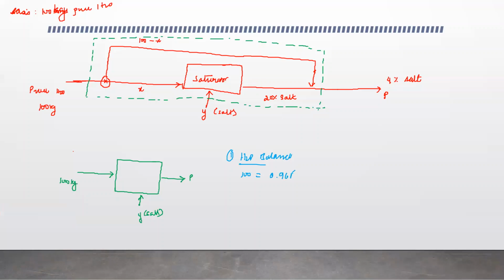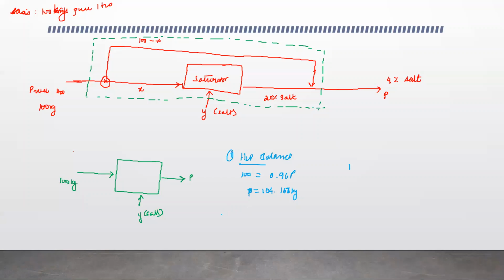So P is 100 upon 0.96, that is 104.167 kg.